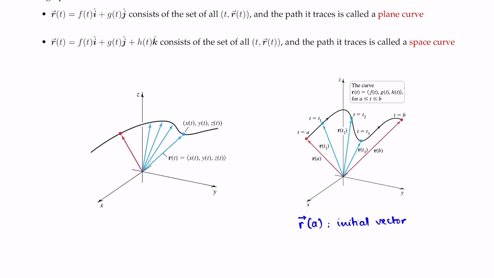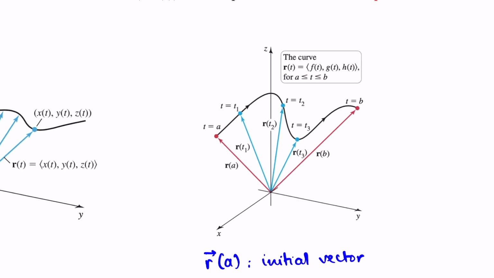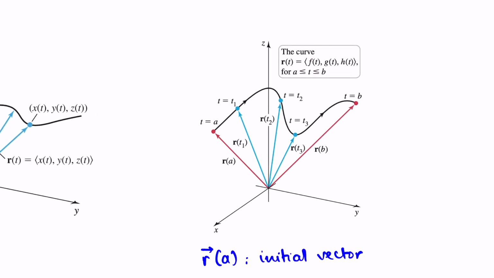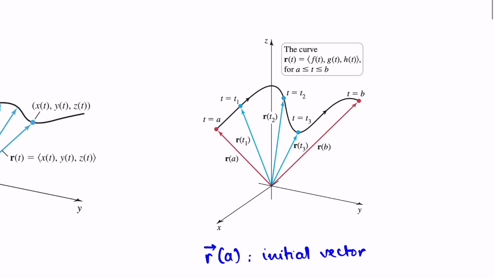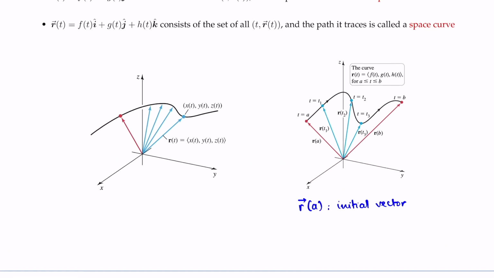In this case, for the space curve r of t equal to f of t, g of t, and h of t, t is between a and b. So r of a, in this particular context, is defined as the initial vector, and the ending vector is called the terminal vector. So r of b is called the terminal vector.